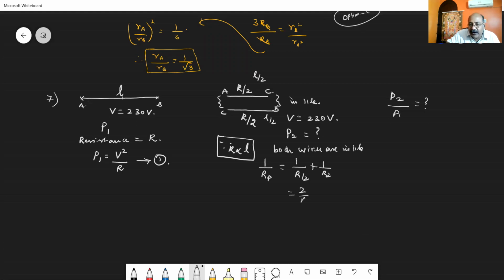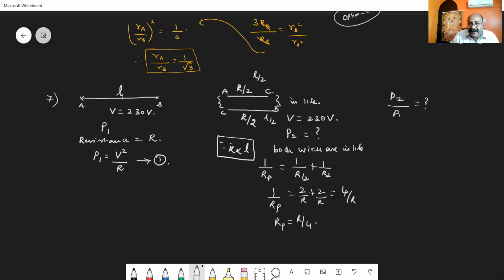So you can write 2 divided by R plus 2 divided by R, or sorry, not 2 by R, 4 by R. When taking R as the LCM, you get 4 divided by R, which is 1 divided by Rp. So Rp will be equal to R by 4.